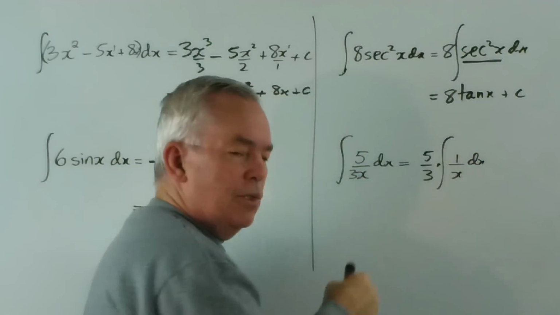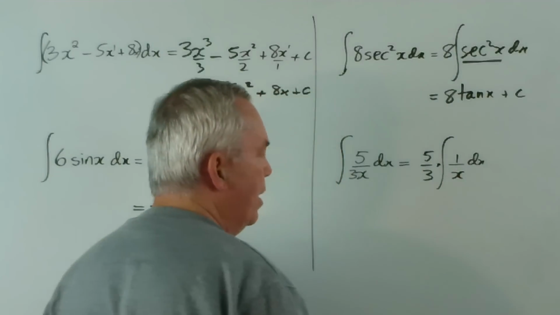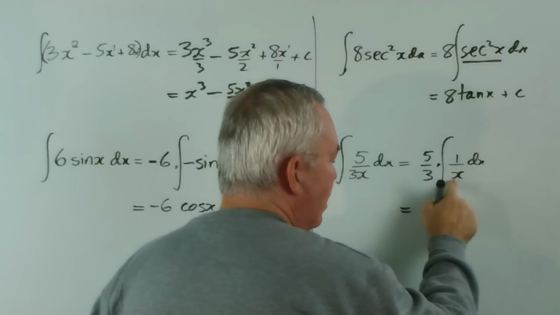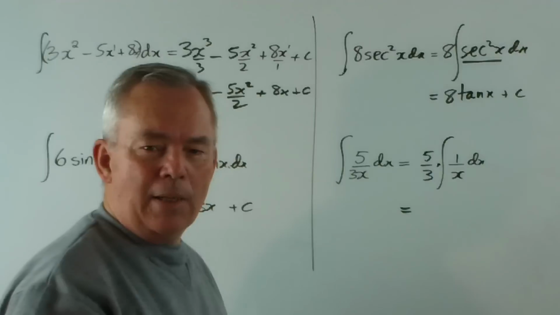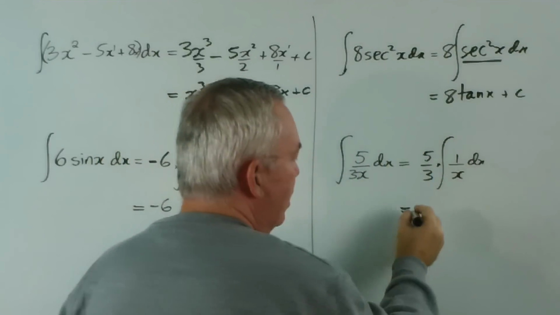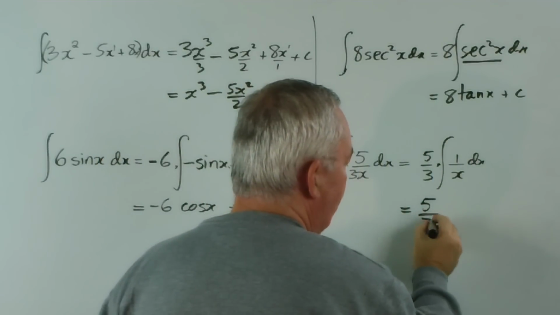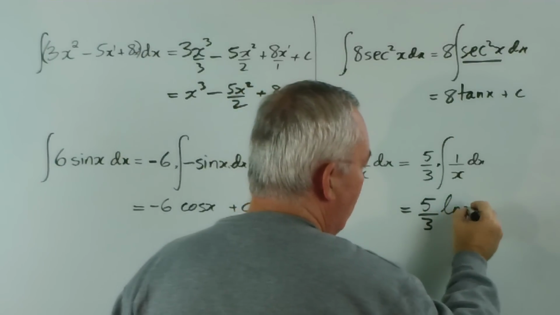This is sometimes written as dx over x. Means the same thing. And this pattern, integrating 1 on x, is the pure pattern for the logarithm. Remember the derivative of log x was 1 on x. So my answer is 5 on 3 times the integral of this, which is log x.